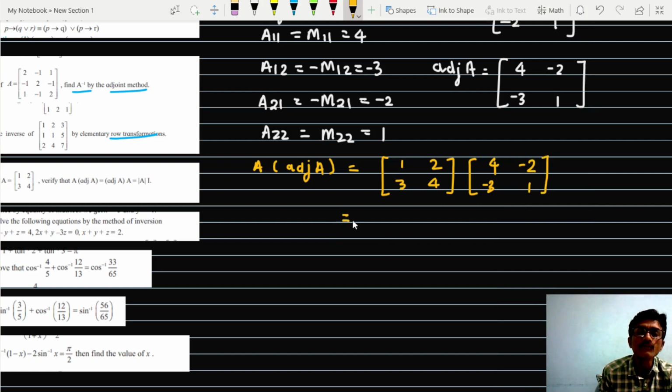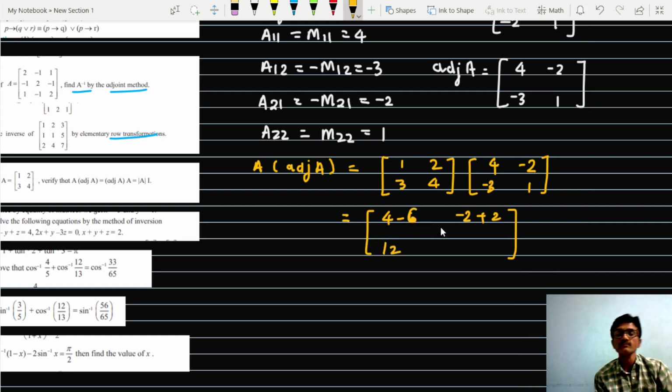Multiply first row into first column, that is 1 into 4 minus 6. First row into second column, -2 plus 2. Second row into first column, 12 minus 12.